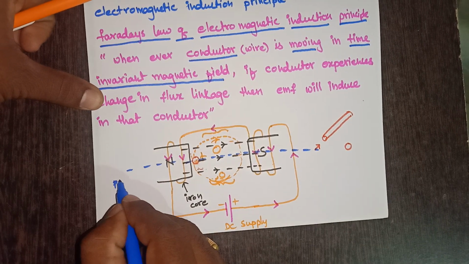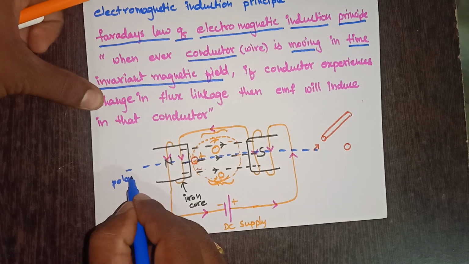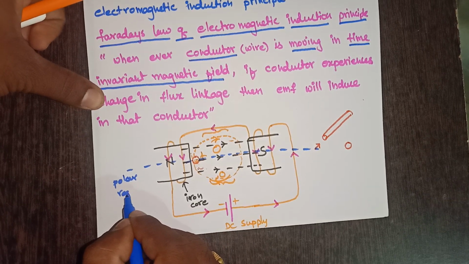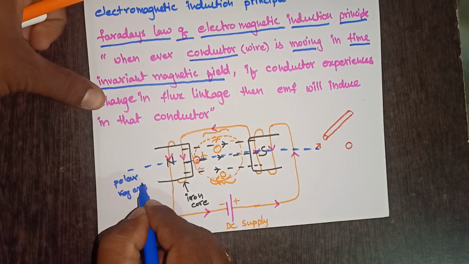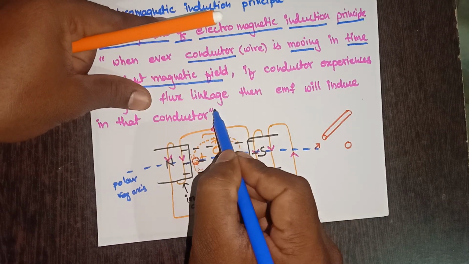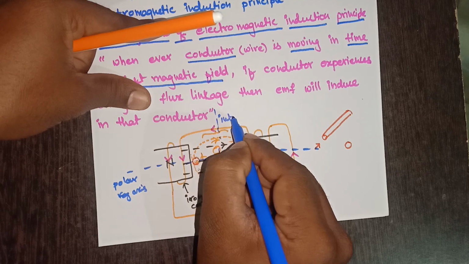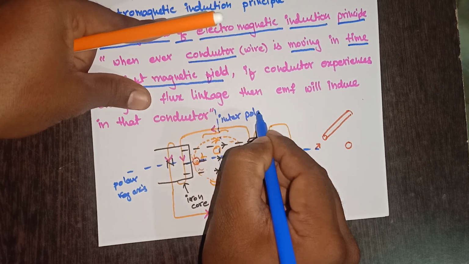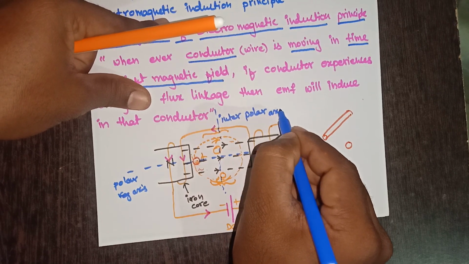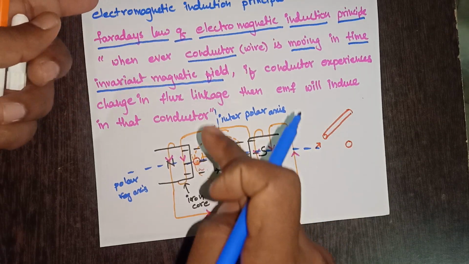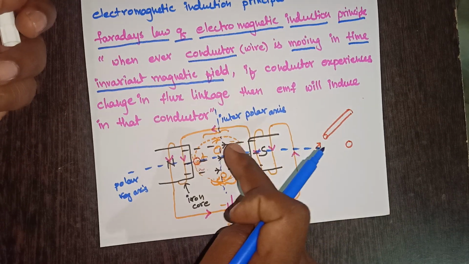If I call this the polar axis, then perpendicular to this is the interpolar axis, like this. So along this interpolar axis, there is no change in flux linkage.